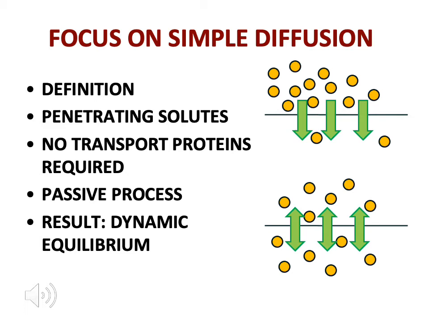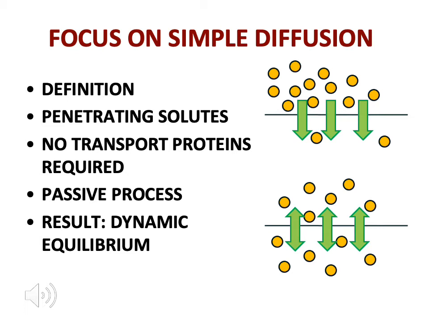Simple diffusion requires penetrating solutes, molecules that can pass through a phospholipid bilayer. No transport proteins are required in this case. It is a passive process because it is essentially driven by concentration gradient. As a matter of fact, you might want to scribble that down next to passive process.